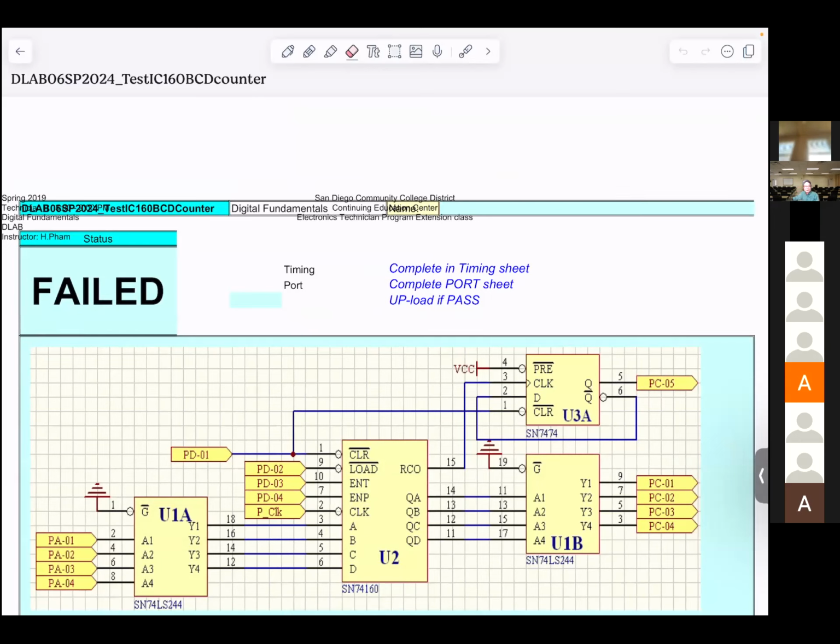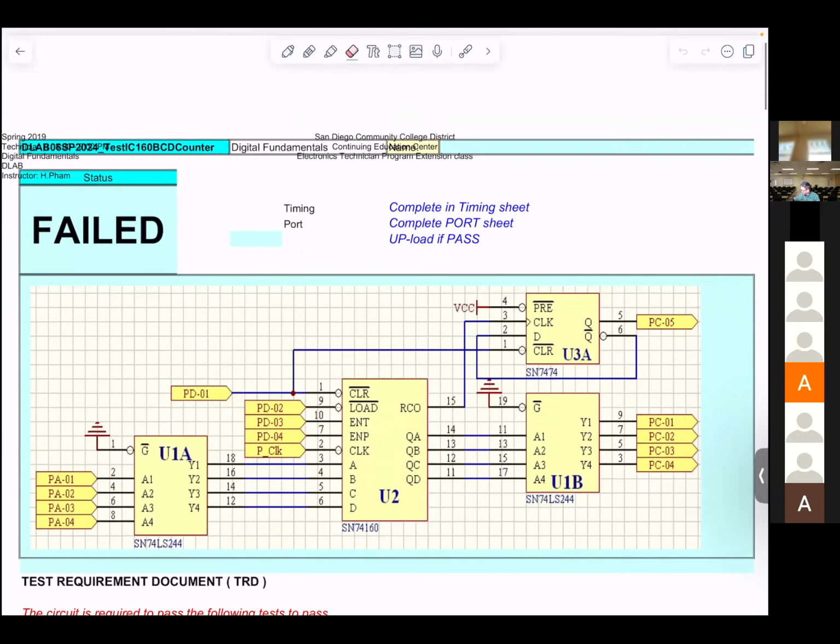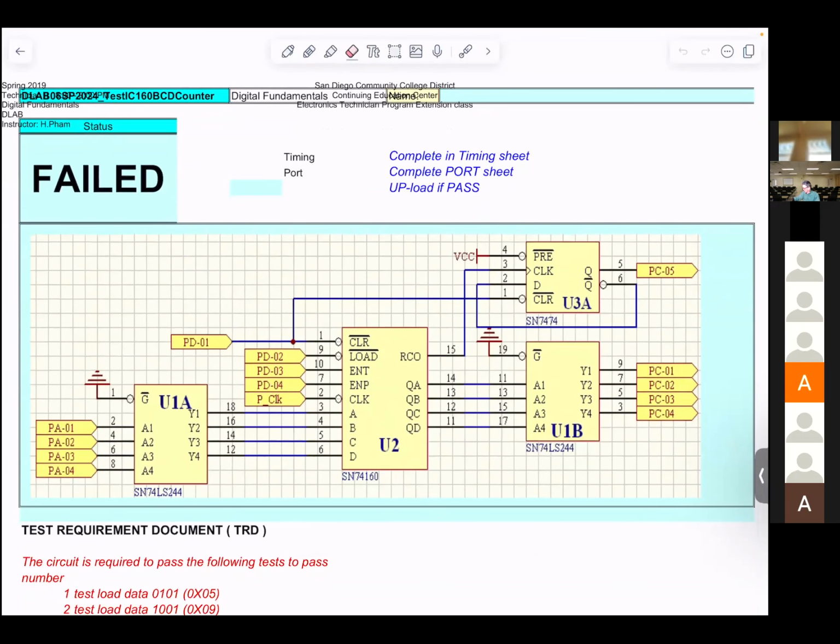Okay, now I'm talking about lab number 6. If you look into this schematic, how many ICs are in this? 3? U1, U2, U3. Perfect, you're getting better. Okay?